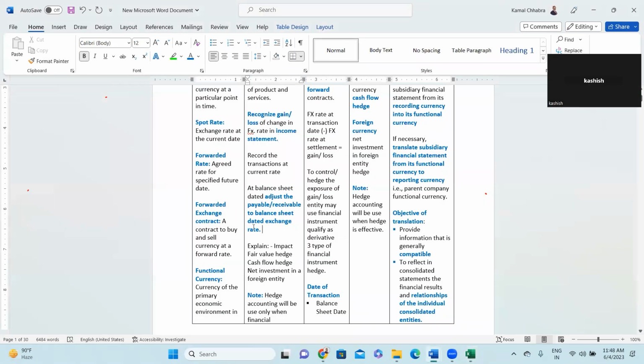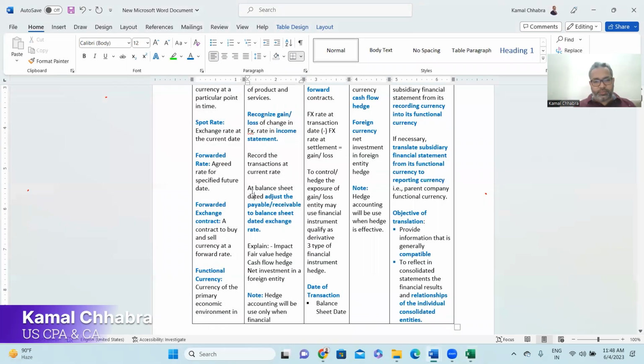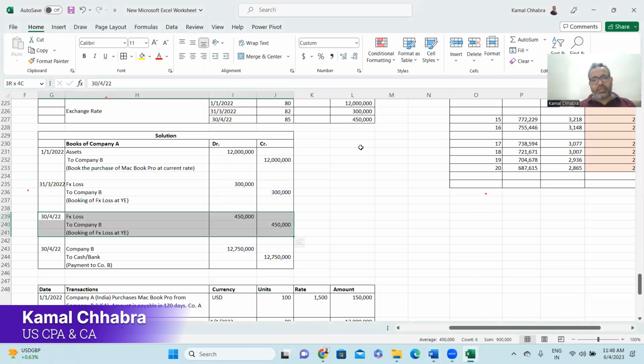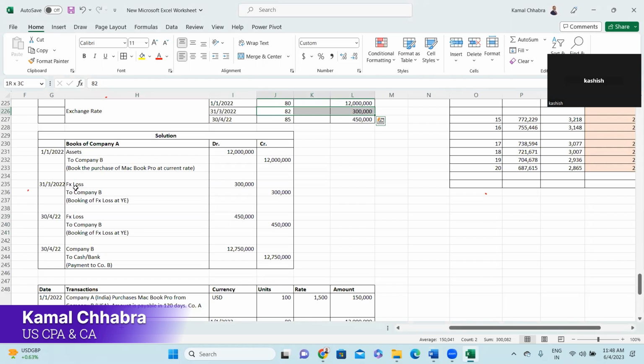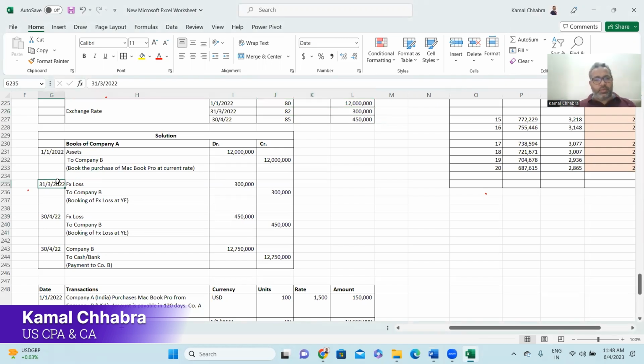That is what it's saying at the balance sheet date: adjust the receivable and payable at the balance sheet date exchange rate. The balance sheet date exchange rate is 82. So you have made this adjustment entry. Now your payable is this much.